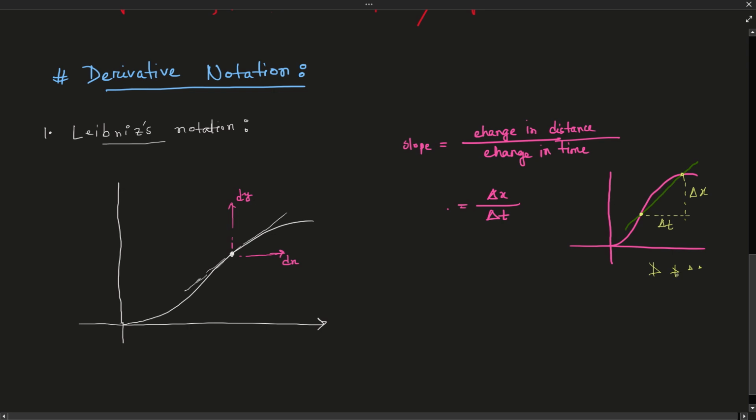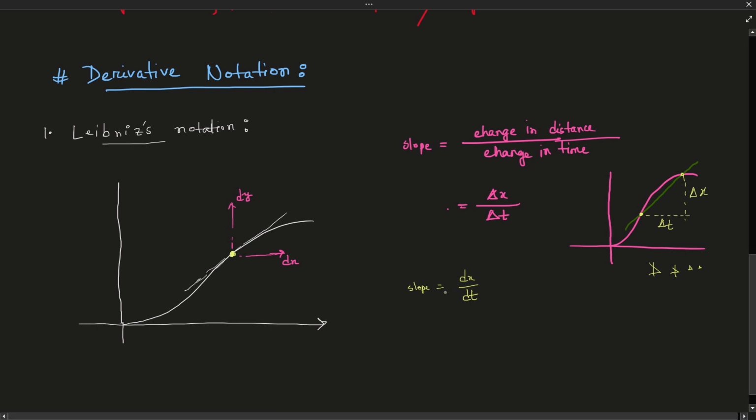So we will get the tangent line, and this slope will be called, the tiny portion of the slope, dx by dt.